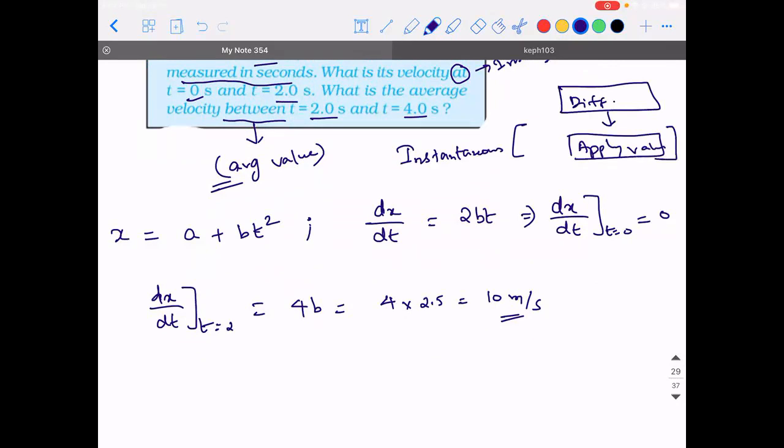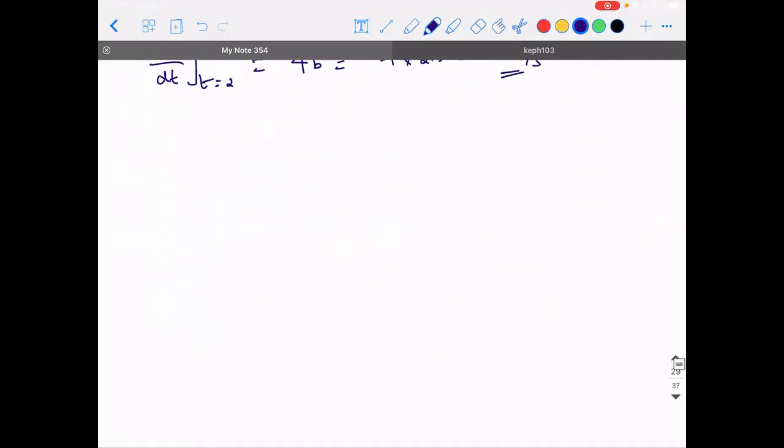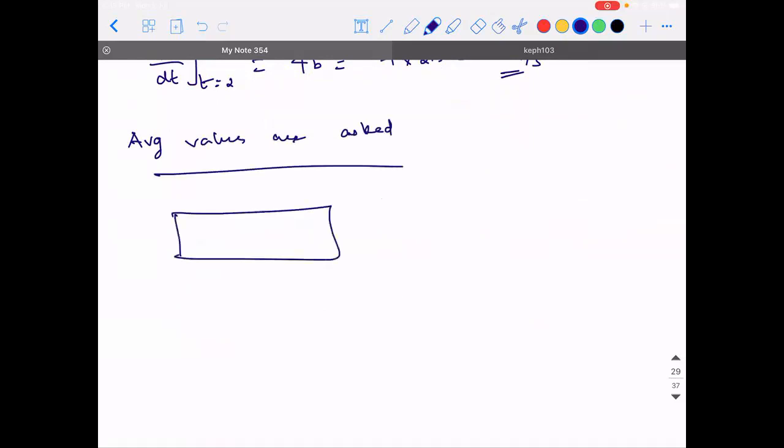Whereas whenever average values are asked, what are we supposed to do? Substitute the value and then find slope.